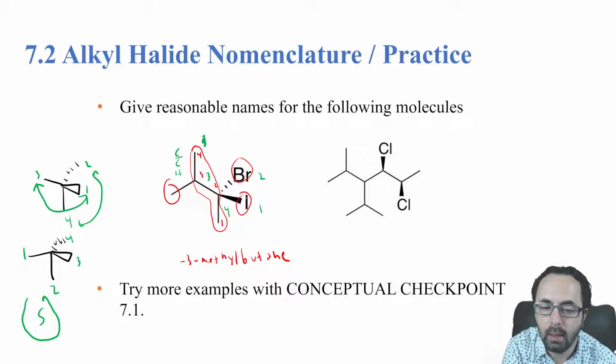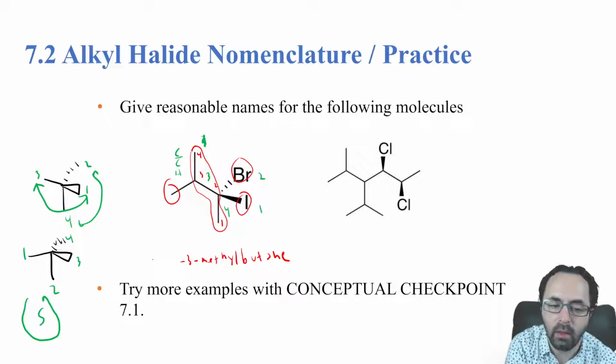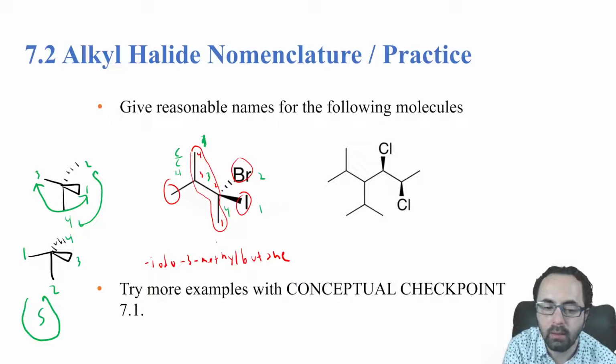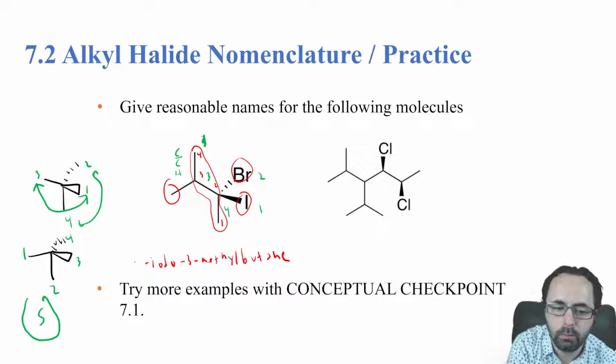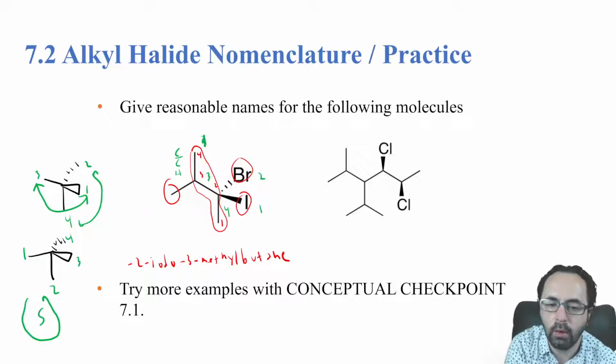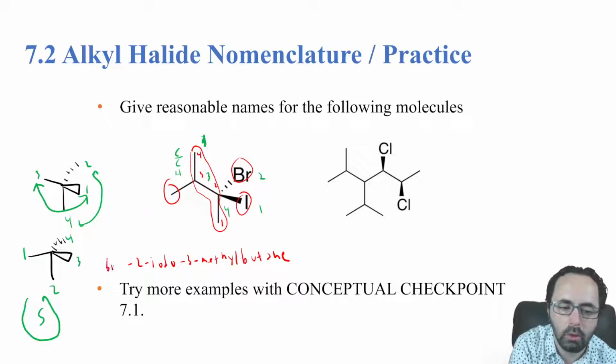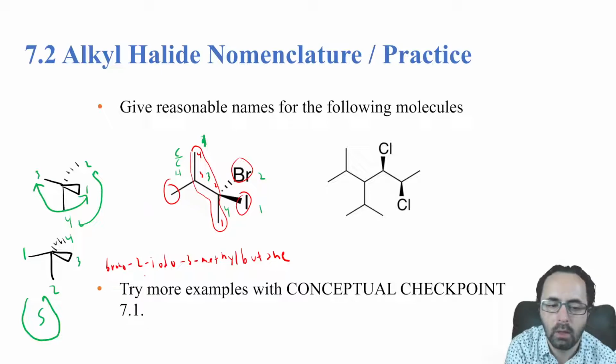And then we're going to put iodo next, and that is going to be on carbon number 2. Then we also have bromo, also on carbon number 2.